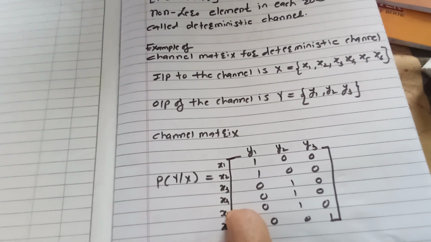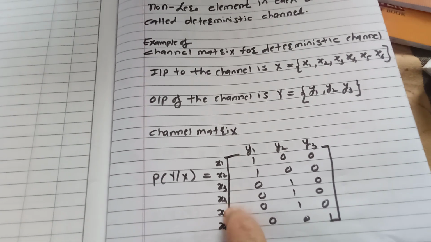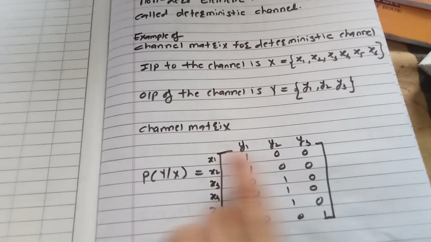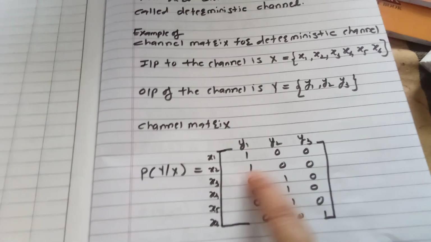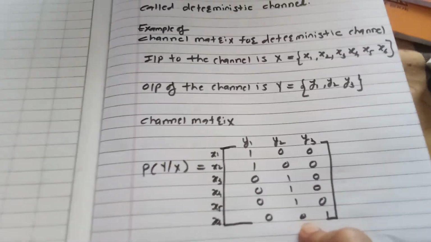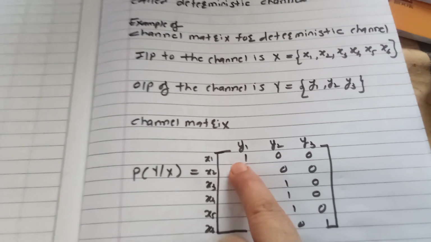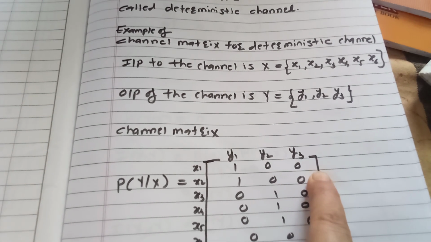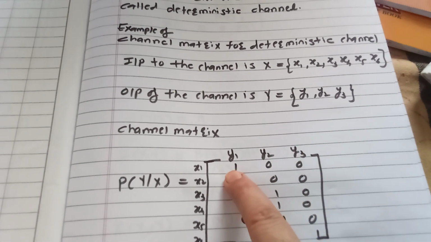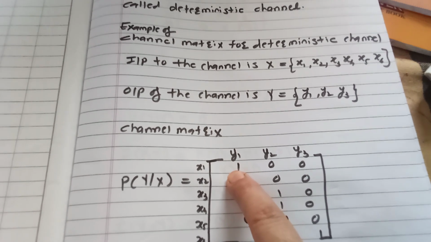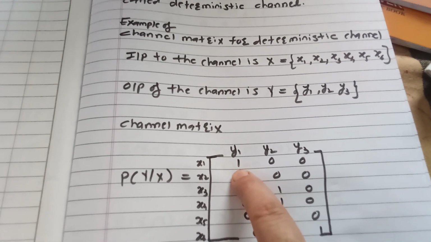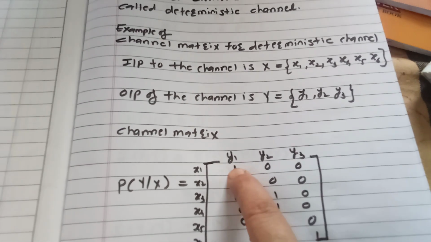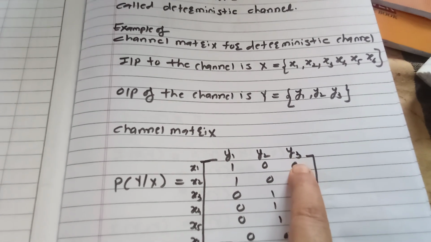So you know the channel matrix representation. Here we represent input, here output. There is only one non-zero element in each row. You know that the addition of the elements of each row of the channel matrix should be 1. So if there is only one non-zero element, then its probability should be 1, because the addition of this term plus this term plus this term should be equal to 1.